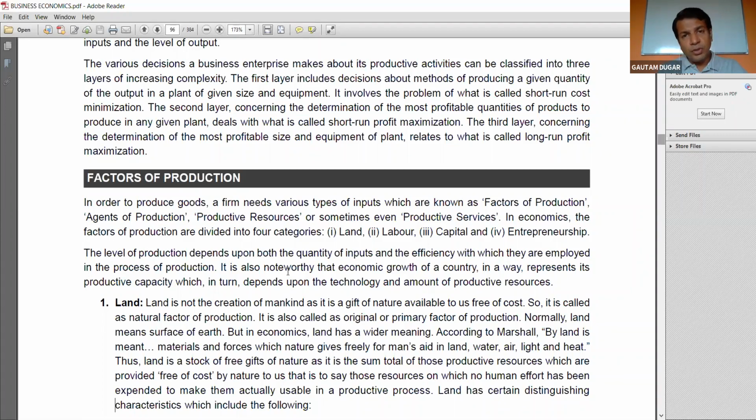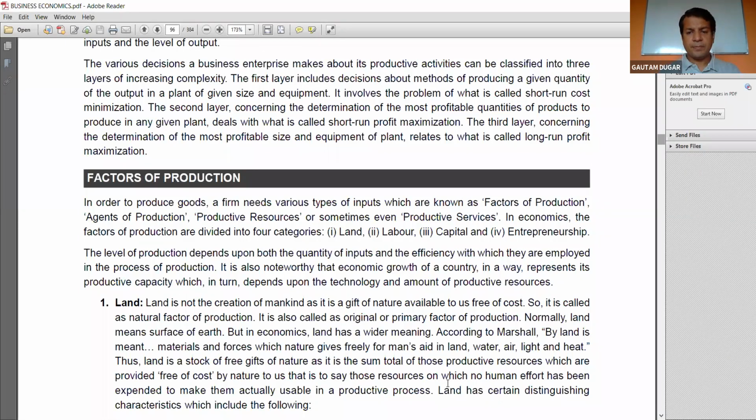So it's not only the earth's surface, but also beneath the earth, that is the mineral resources, the water bodies, the mountains, the plateaus, the forests. All these are land in economics. So anything which is provided freely by God, free gifts of nature.